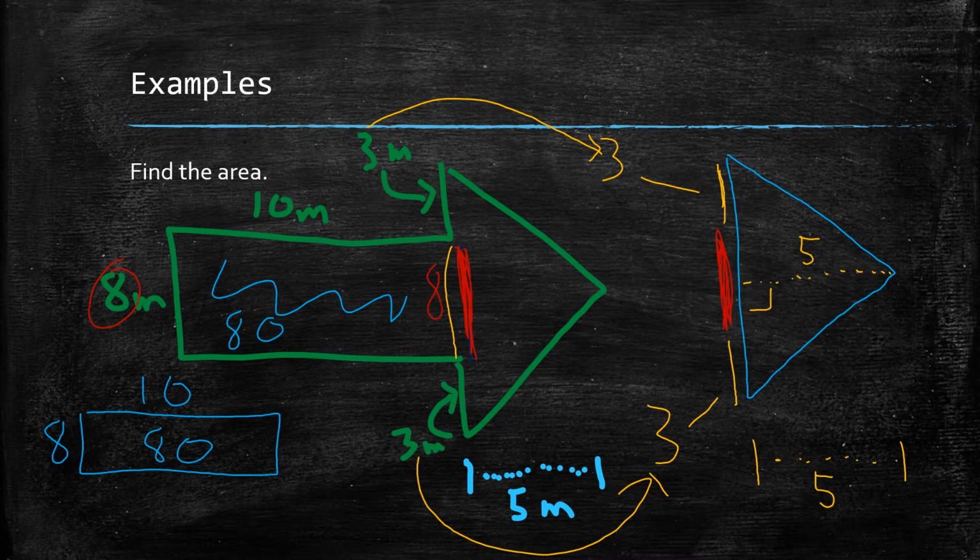So this entire triangle base is going to be 3 plus 8 plus 3. All of those make up that line. So 3 plus 3 is 6, 6 plus 8 is 14. So in my triangle, that whole side is 14.